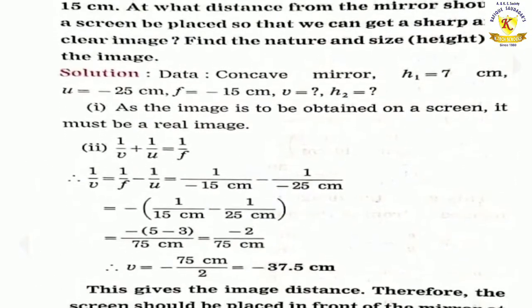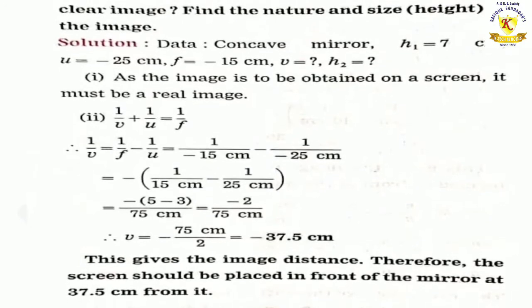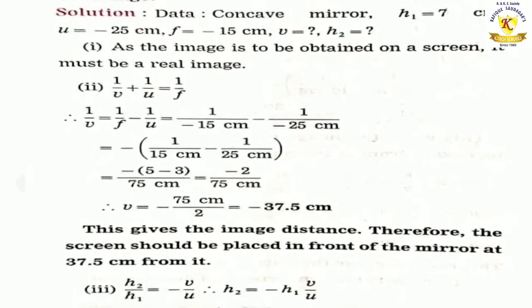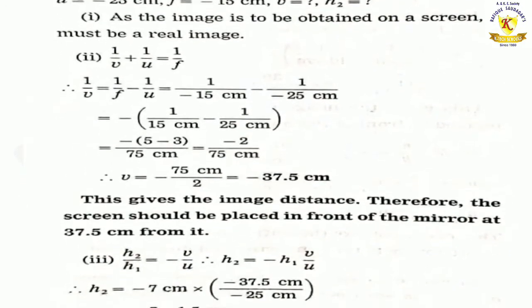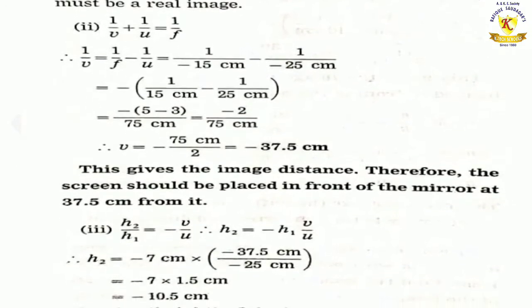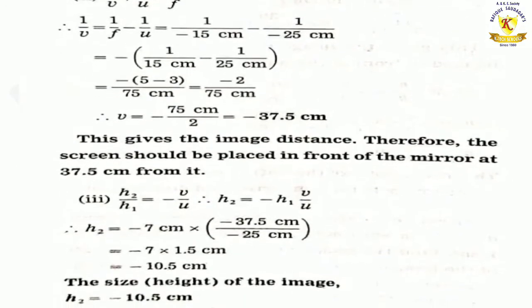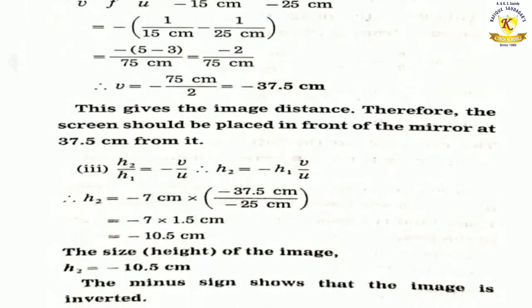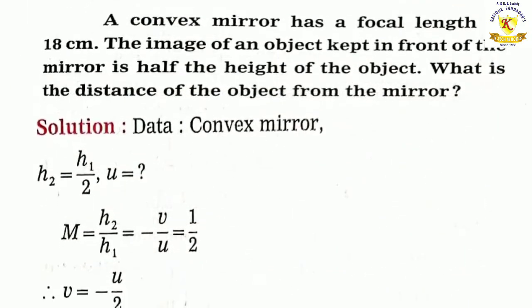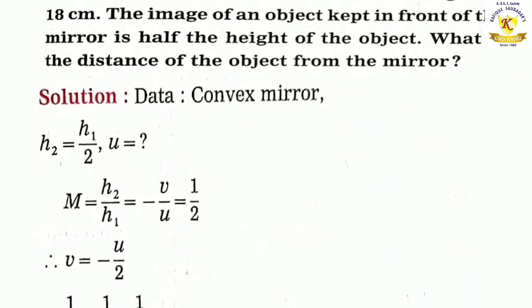Now here, children, we need to solve the examples. I have given you the notes of the solved examples. Please go through the problems, read them thoroughly and solve accordingly.